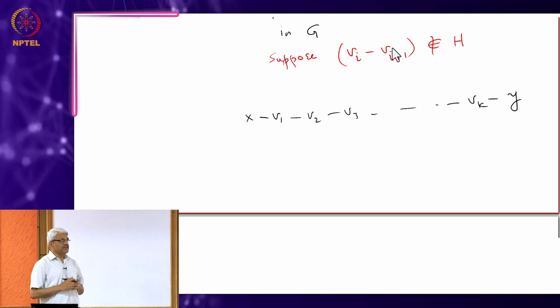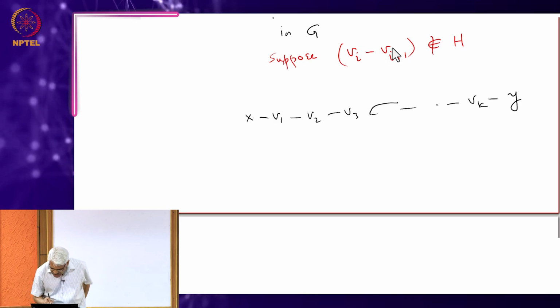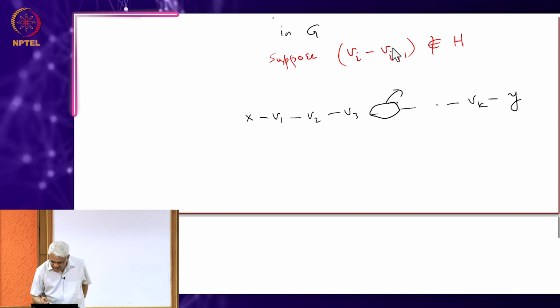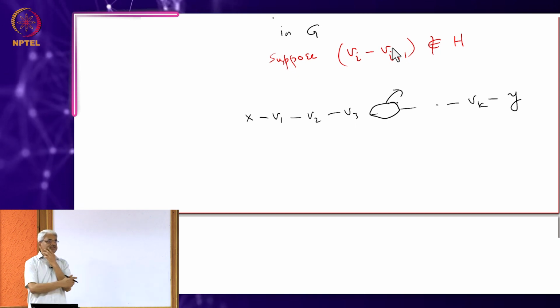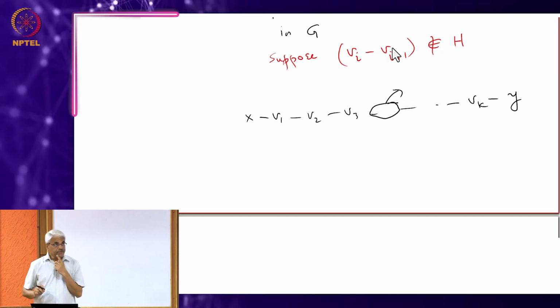This is the shortest path in G, and maybe some edge is missing in H. Why was this edge missing?